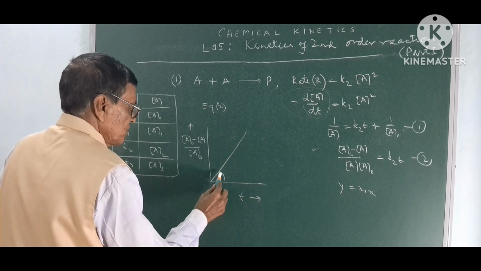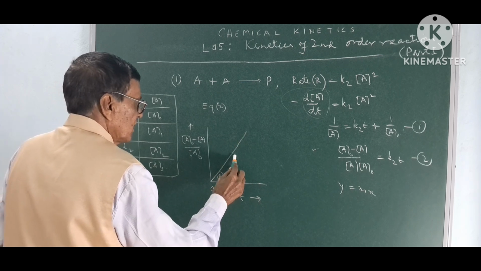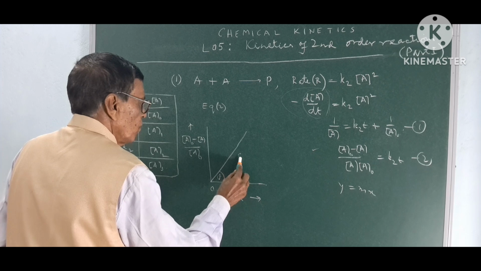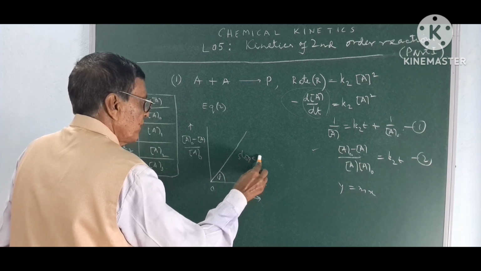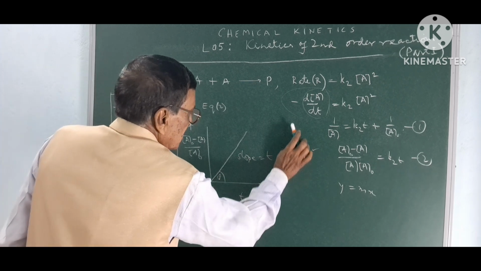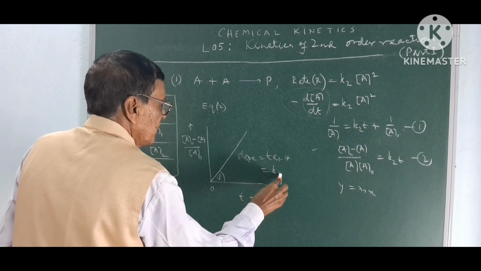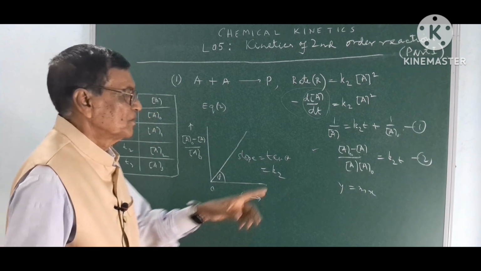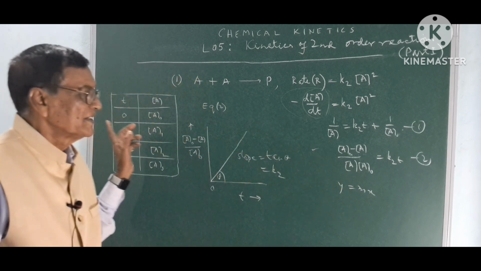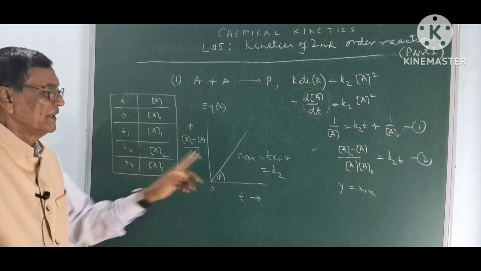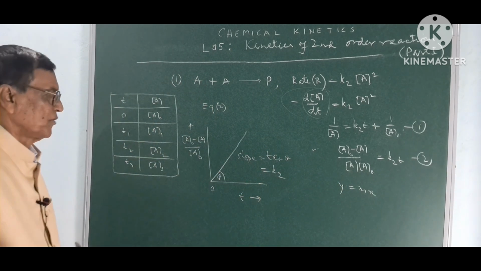Suppose this angle is theta, slope equal to tan theta, and this is the value of K2. By the use of this equation 2, utilizing this kinetic data, you can also easily get this value of K2.